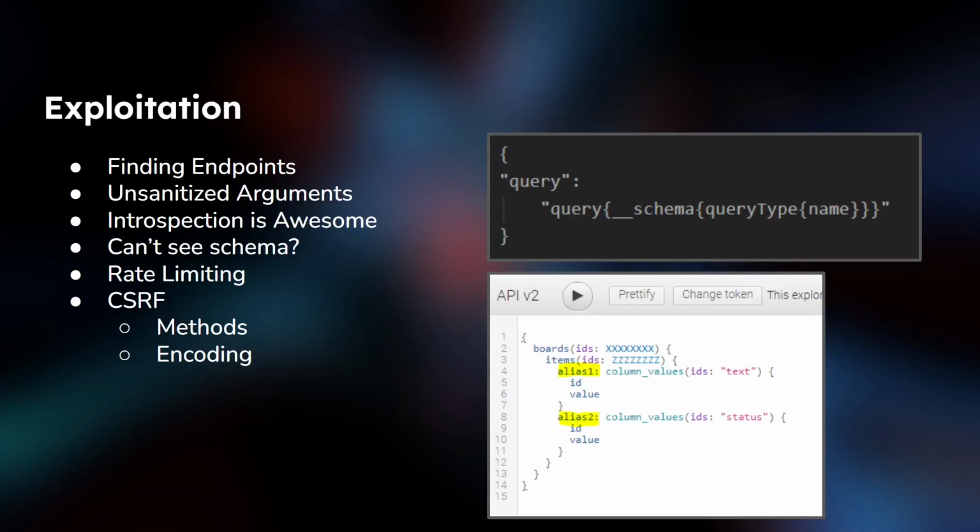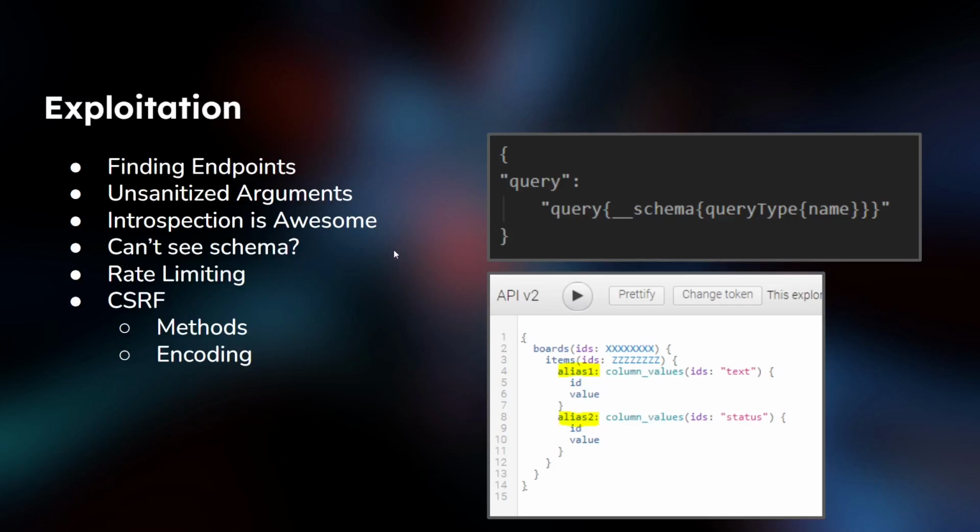If that doesn't work, you might be able to switch the request method from a GET to a POST request, and then URL encode this request body and include it in the URL parameters. That could show you better results. And so your protection is only as good as how easy it is to bypass, if that makes sense.